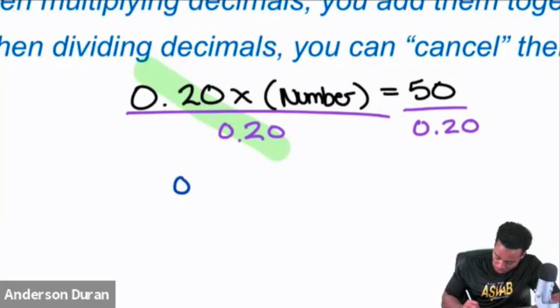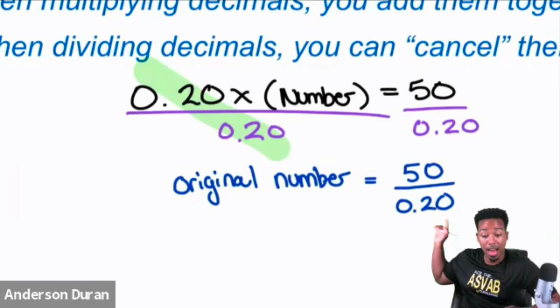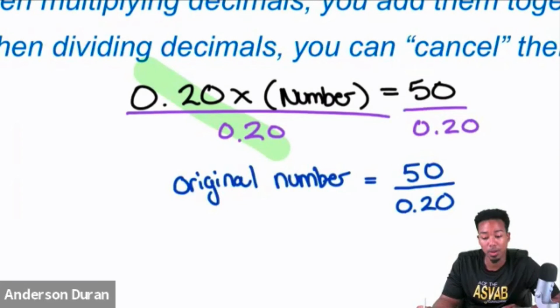So our original number is going to be equal to 50 divided by 0.20. That's going to be our answer there.